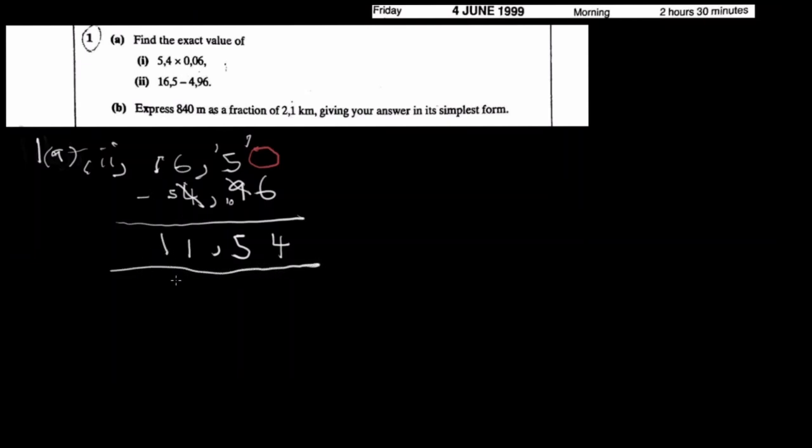This is our answer. At primary level, when we came to a situation like this, when we are subtracting a larger number from a smaller one, 0 minus 6, we would say it can't. Then we add 10 and cancel out this to add 1, and then we operate.